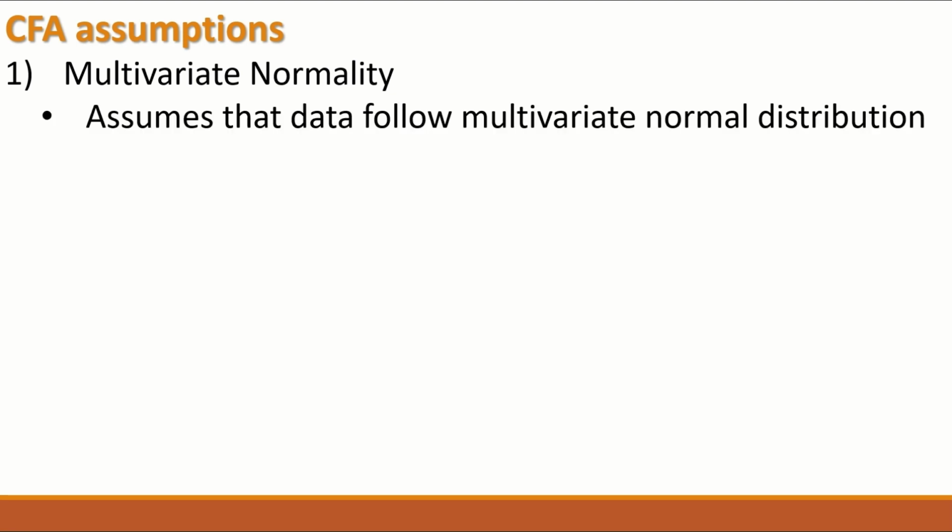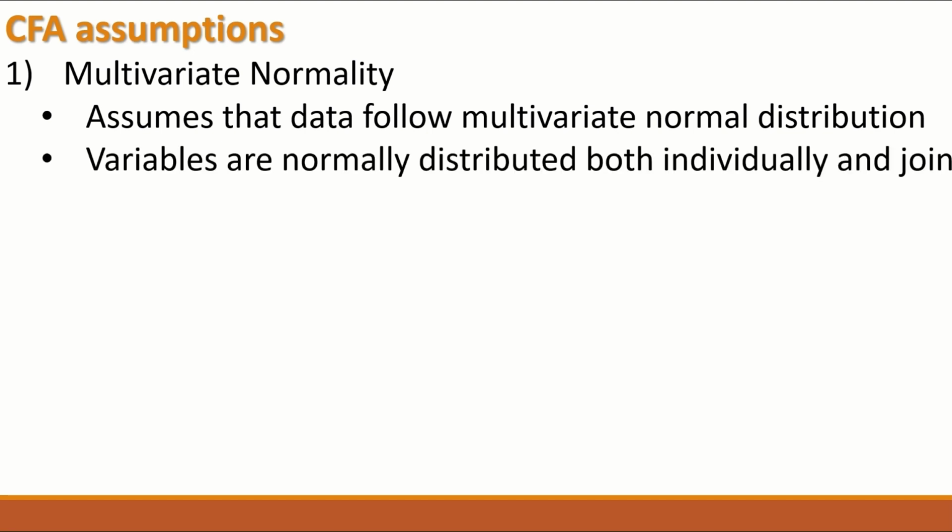So what are the assumptions that have to be fulfilled or satisfied before performing the CFA? The first assumption is multivariate normality. Since the CFA looks at several variables or several items, it is a multivariate analysis. So it has to be multivariate normality. It assumes that the data follow a multivariate normal distribution and variables are normally distributed both individually and jointly.